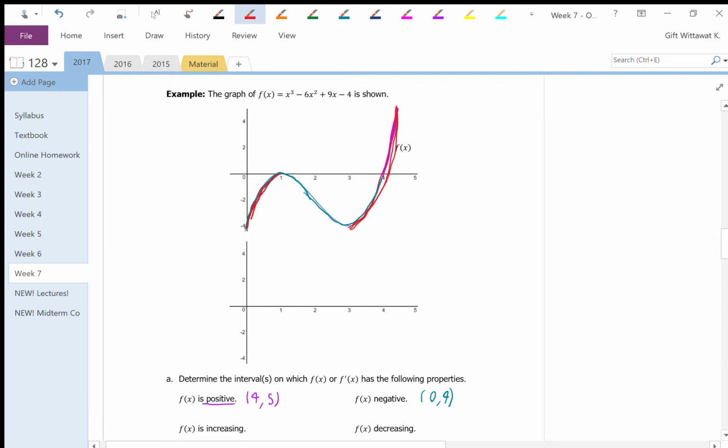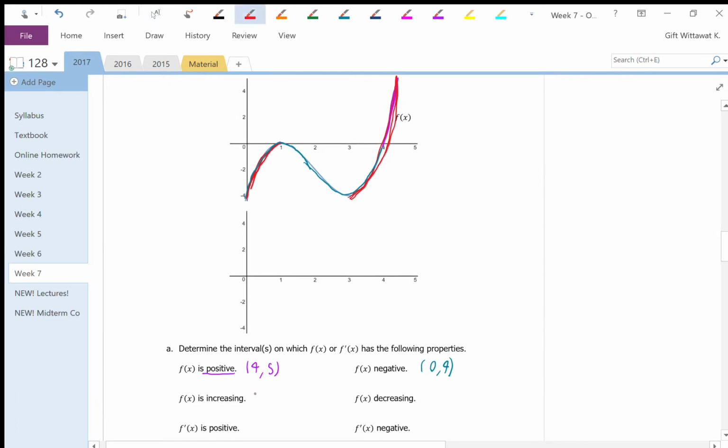So my function is going to be increasing from 0 to 1 and from 3 to 4.5. And a function is decreasing when it's going down, so it's decreasing on the interval from 1 to 3.